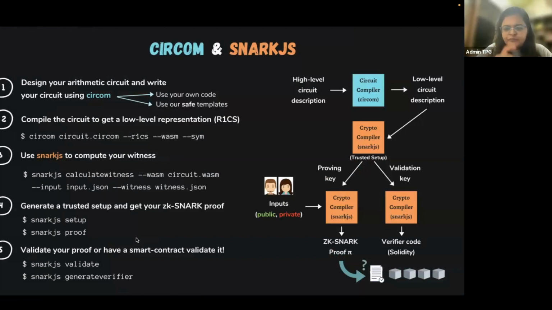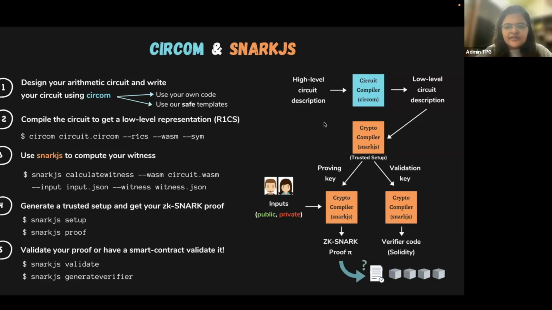So before we go into writing Circom, which is our next step, how do you look at building end-to-end products using Circom? There is another library called Snark.js that helps support building your end-to-end dApps using Circom. So let's look at the image first.